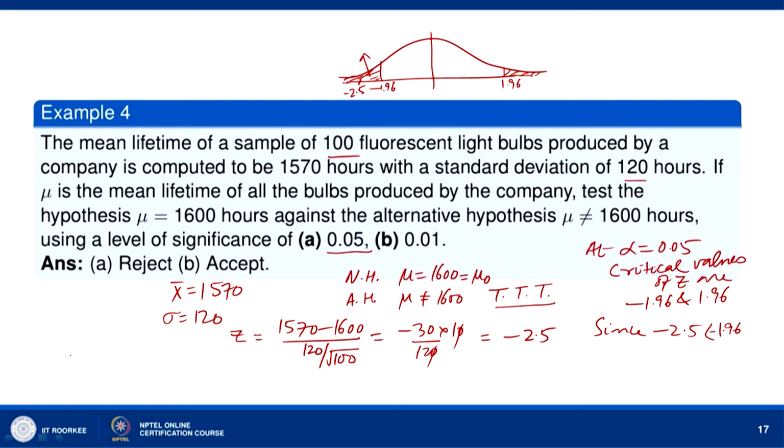So, H naught is rejected. The null hypothesis, that is mu is equal to 1600 hours, is rejected. This is called the critical region. Since the computed value minus 2.5 lies here, it follows that H naught is rejected at 0.05 level of significance.